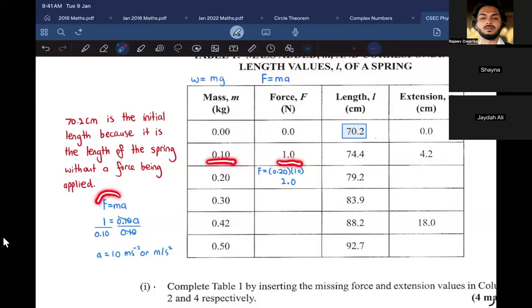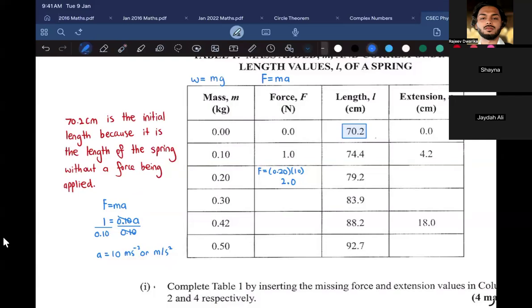So if I plug it into this formula, F is 1 and the mass is 0.10 times acceleration, and I divide both sides by 0.10, my acceleration is 10. Am I confusing you? No. Okay, nice. So you understand acceleration here is 10 due to gravity.